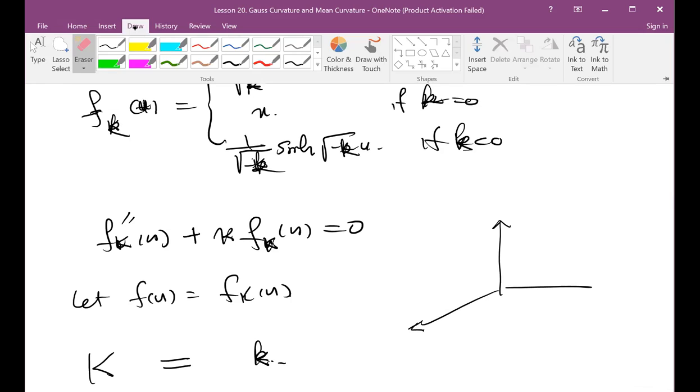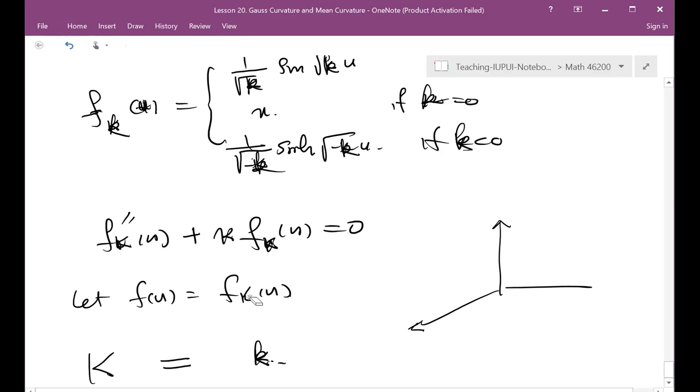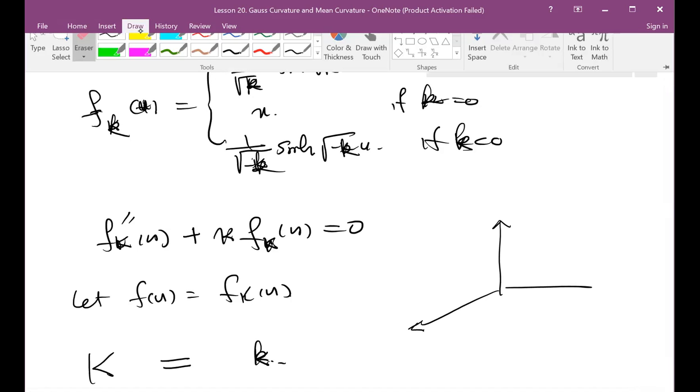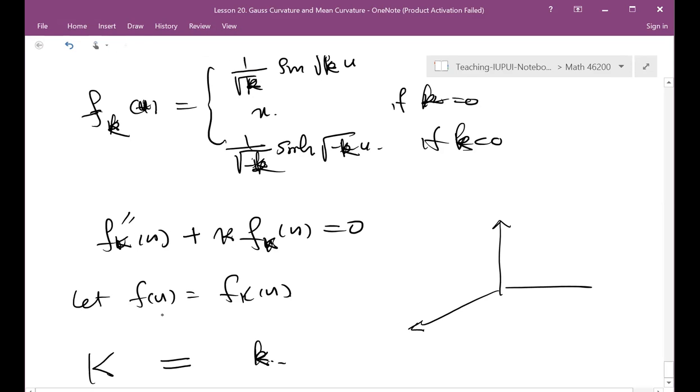When f equals this, then g must be another one, right? So g(u), otherwise it's not working. I have to make sure g(u) is going to be the derivative of this, which will be cosine ku.